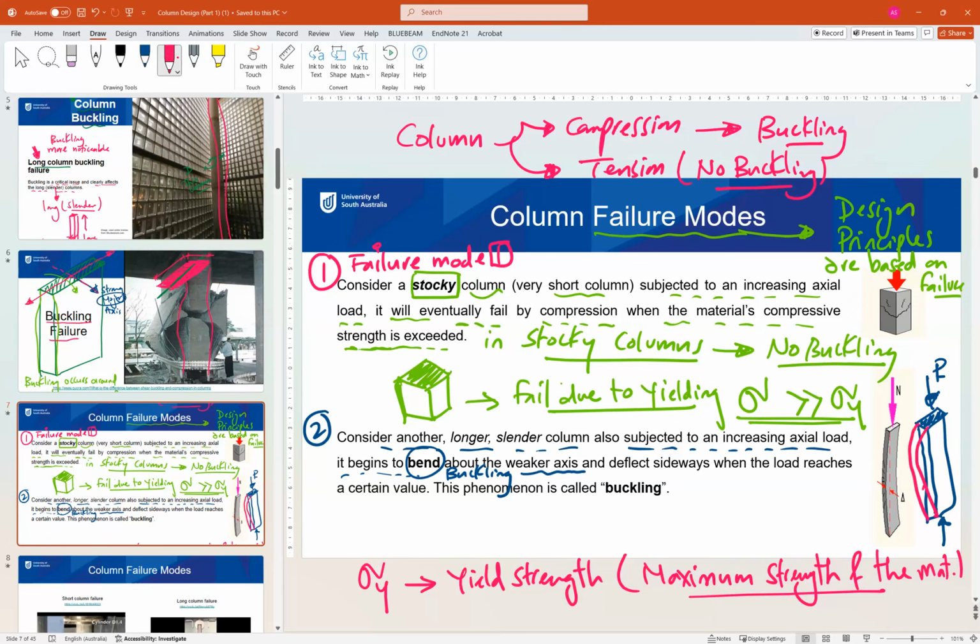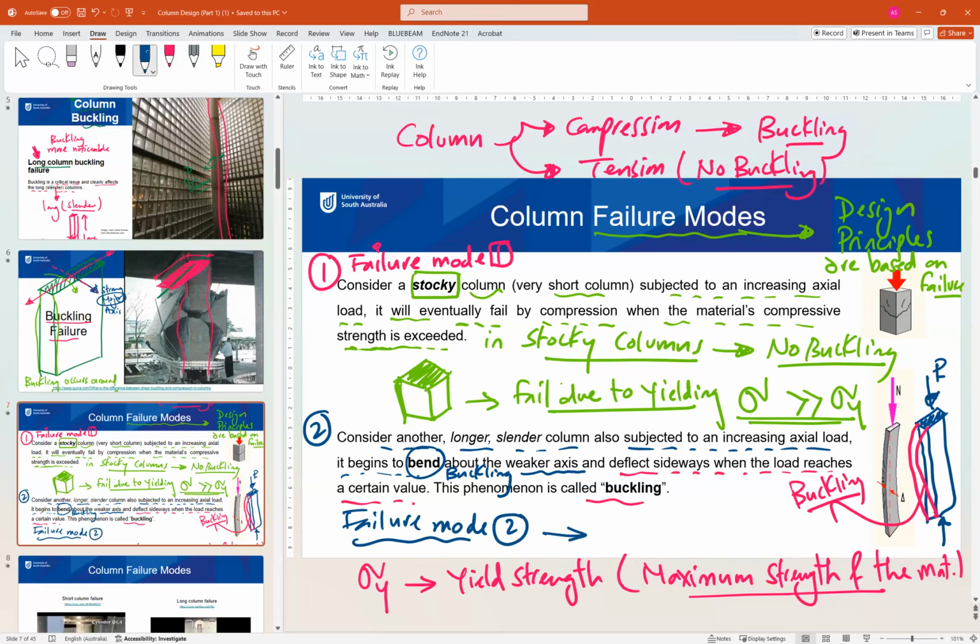This bending we call buckling, and the column deflects sideways when the load reaches a certain value. This phenomenon is called buckling. So our second failure mode, or failure mode 2, is buckling failure. So these are the two options we may have in columns. We have mode 1, yielding. We have mode 2, buckling.